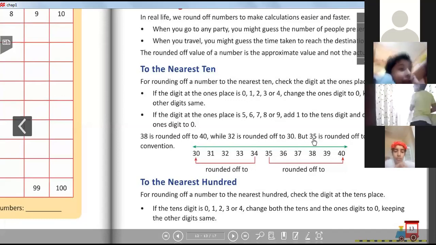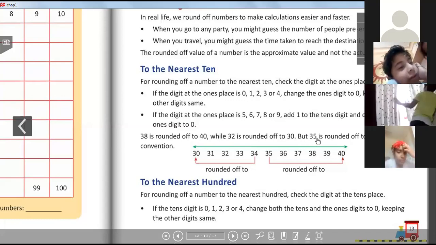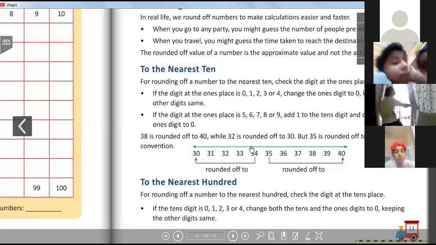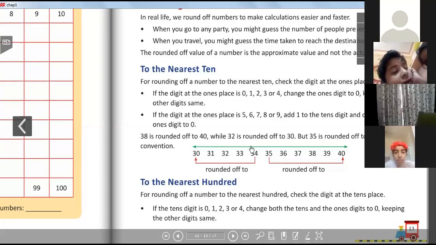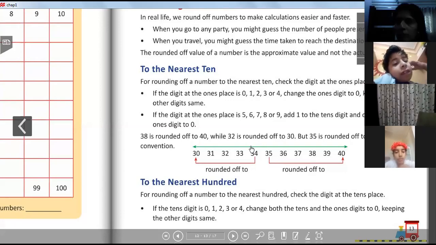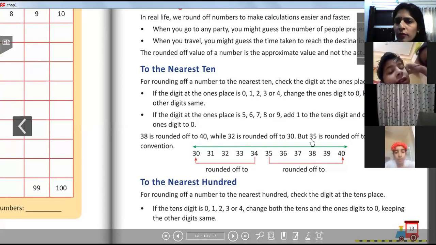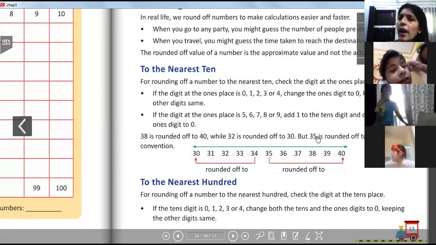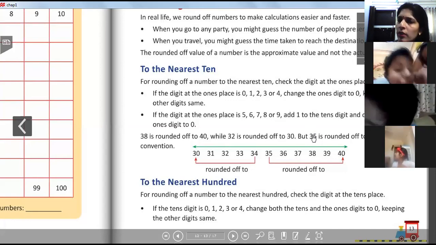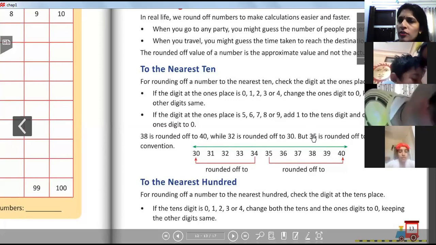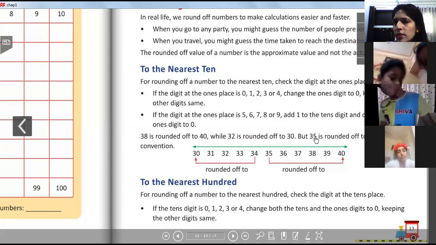But what about 35? What about 35, children? For 35, the digit at the ones place is 5. It means that I'm going to add 1 to the tens digit and change the ones digit to 0.